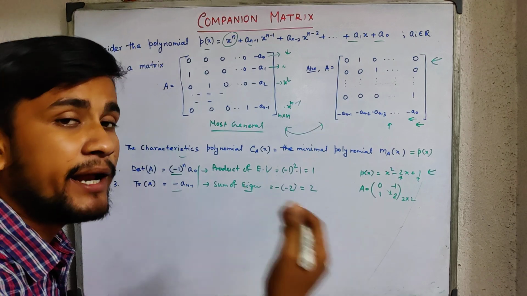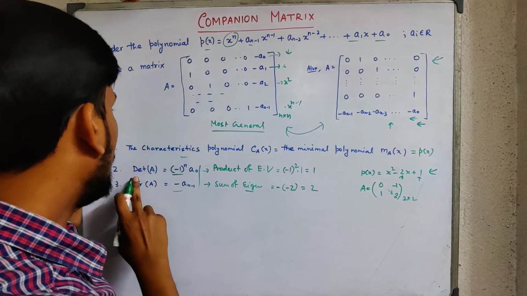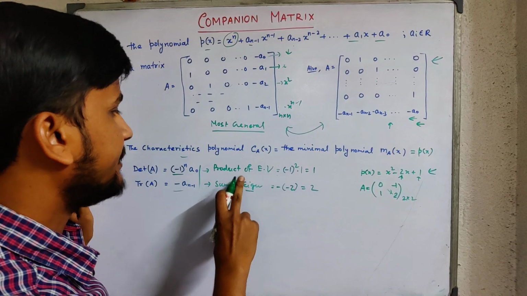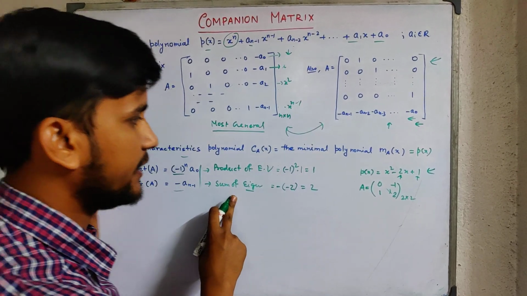But if the matrix is of higher order, see, the determinant means product of eigenvalues, and trace means sum of eigenvalues.